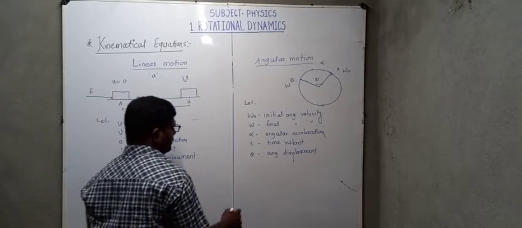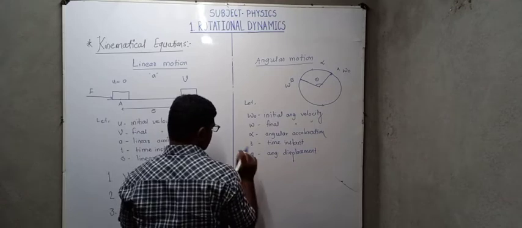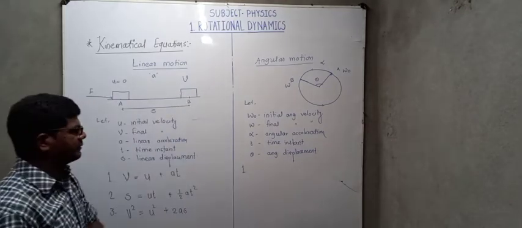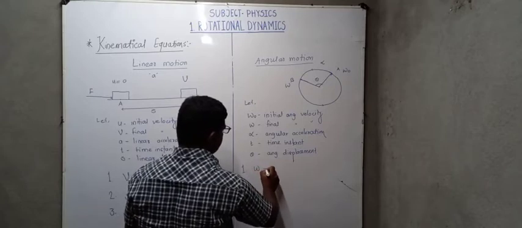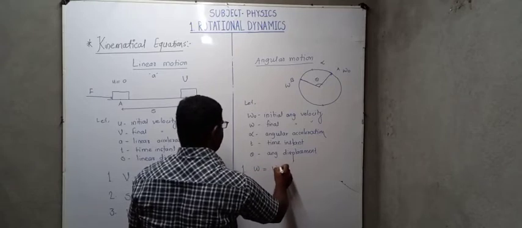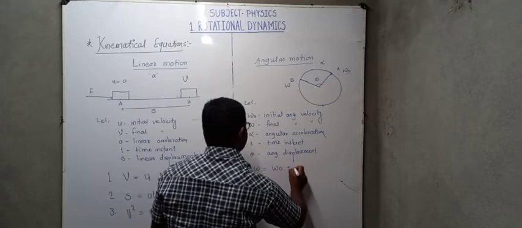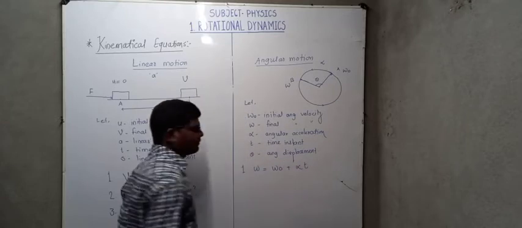Now the first kinematic equation for angular motion is omega is equal to omega 0 plus alpha into t.